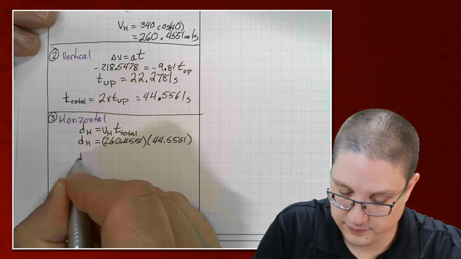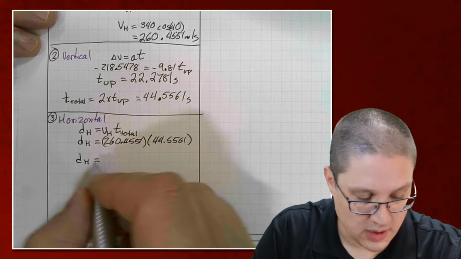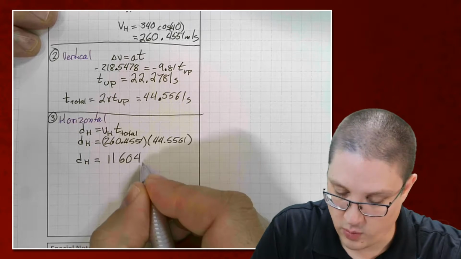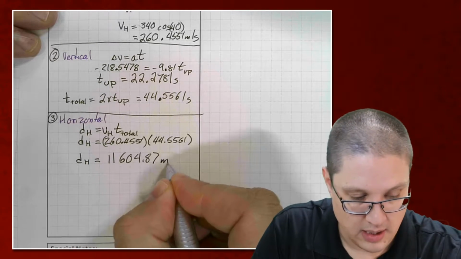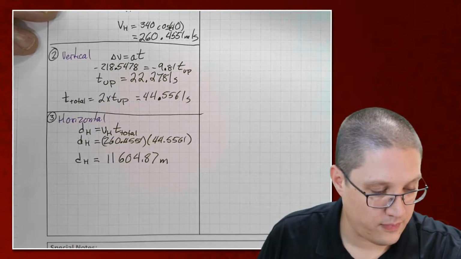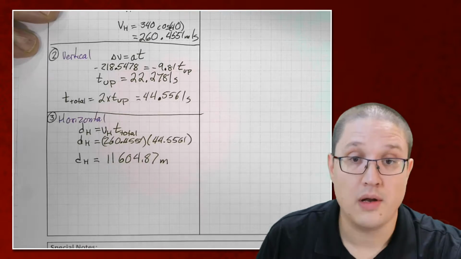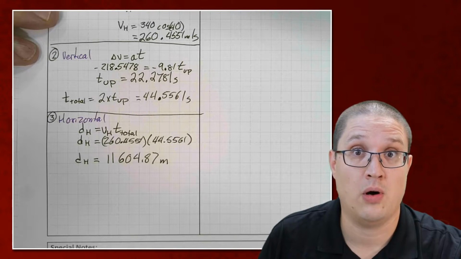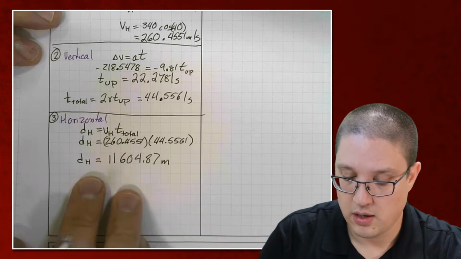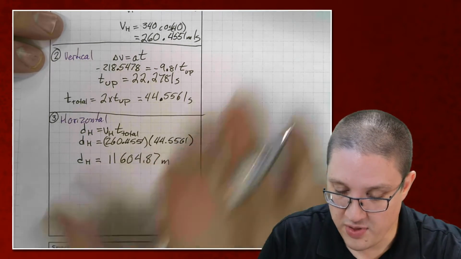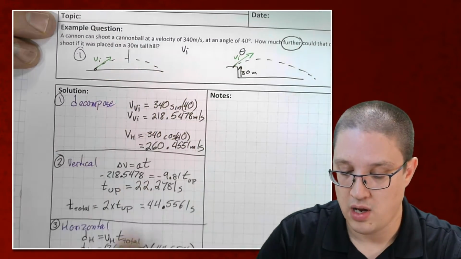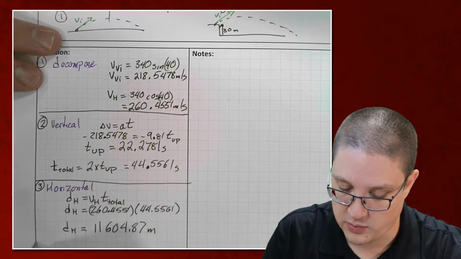And that works out to 11,604.87 meters, which is 11.6 kilometers. That's a long way. Okay, great. This is landing at the same height. So this is for this first option here where we're landing at the same height as we're launching from.